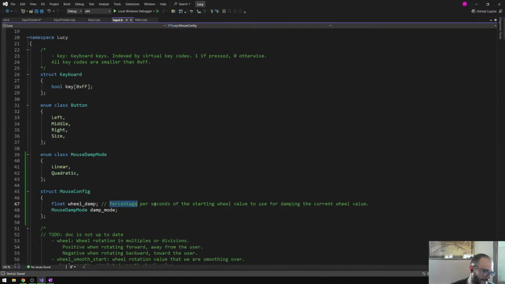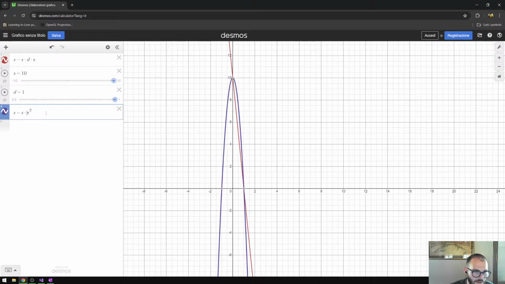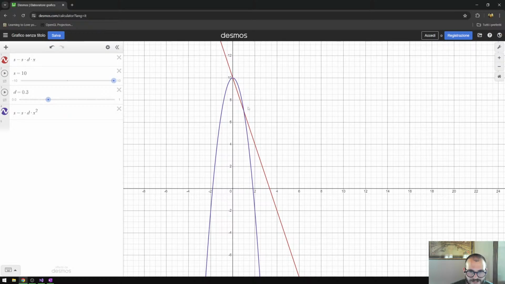If I square it, since we need a parabola, we need to square the x. Now, this is what happens, and people should say, oh cool, it's the same. Not quite. This reaches 0 in 2 seconds. This reaches 0 in 4 seconds.